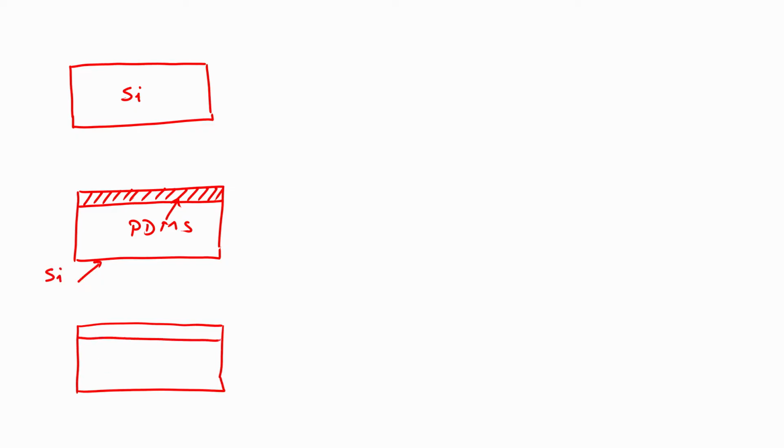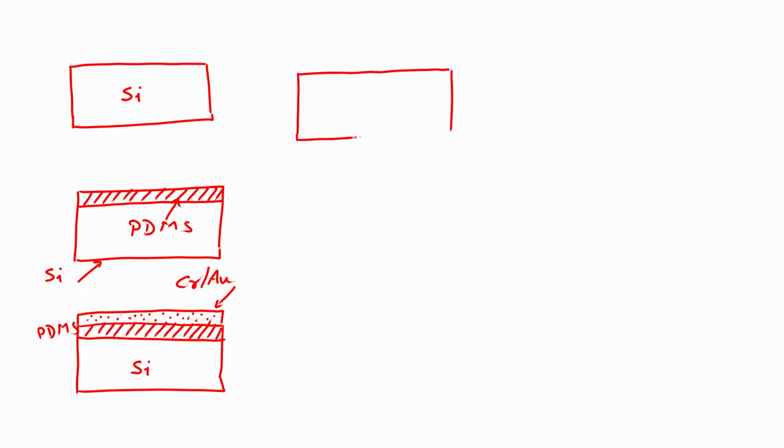Third step is to deposit chrome gold on PDMS. So, let us say we have now silicon, we have PDMS, and this one will be your chrome gold. Next step would be to pattern this chrome gold.